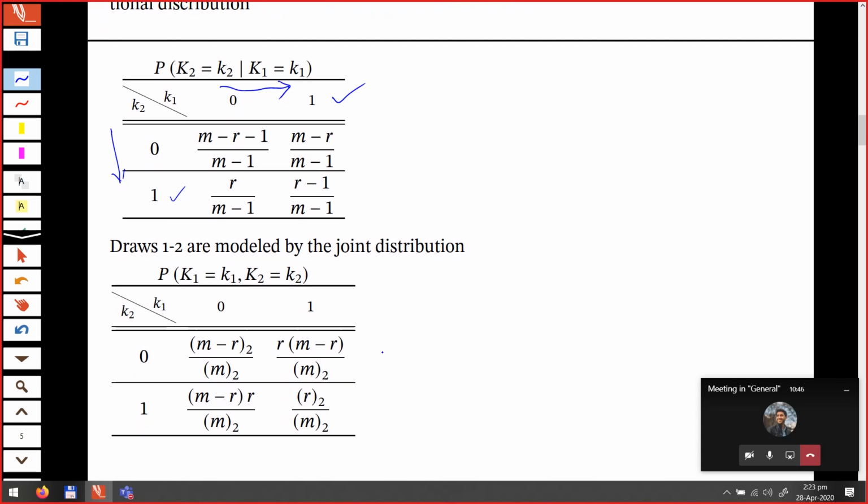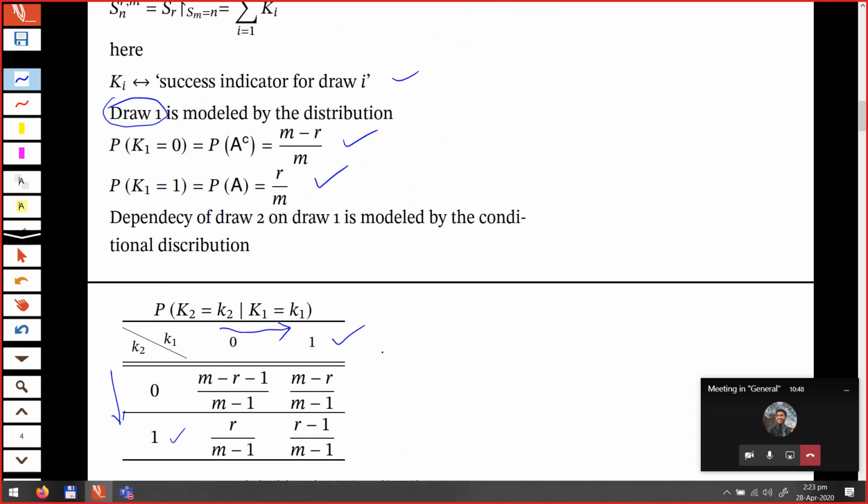Now what if you multiply these 2 probabilities? For example, if I want to know the probability of K1 taking this value intersection K2 taking this value, so this will just be the probability of K1 equals k1, and this probability I know from there.